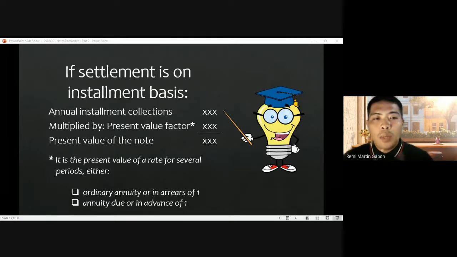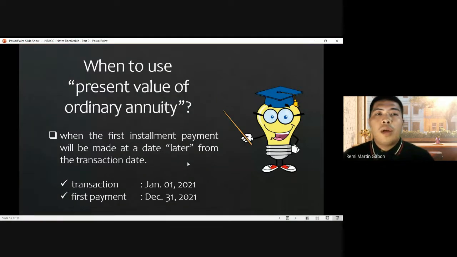So how do we differentiate ordinary annuity from annuity due? We use present value of ordinary annuity when the first installment payment will be made at a later date from the transaction date.